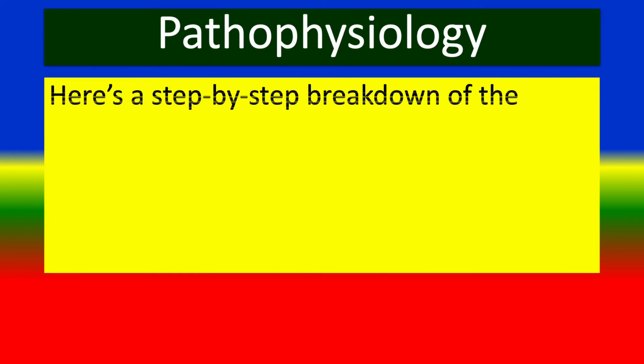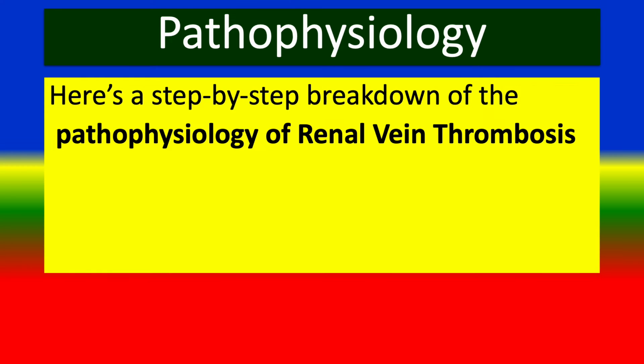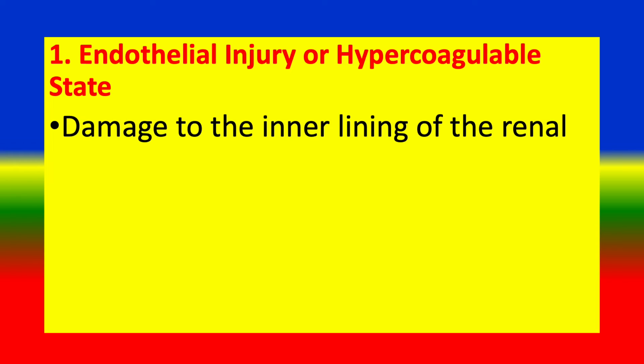Pathophysiology. Here is a step by step breakdown of the pathophysiology of renal vein thrombosis, RVT. 1. Endothelial injury or hypercoagulable state.